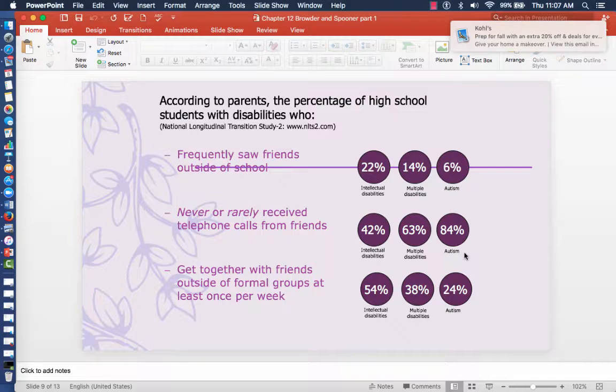Get together with friends outside of formal groups at least once a week. Intellectual disabilities, 54%. Multiple disabilities, 38%. And autism, 24%. So you could really see how interactions with students start becoming more on a narrower band, and they just are not functioning.